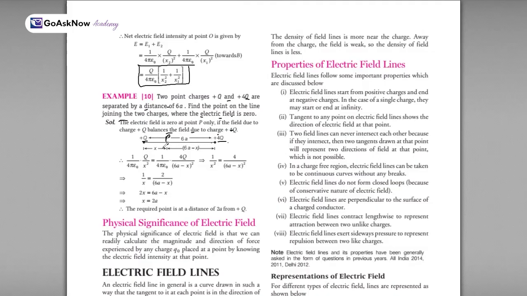So if the point P has the net electric field equal to 0, I will clarify why we have chosen the point between the two charges. Why have we not chosen the point behind this charge or behind this charge?